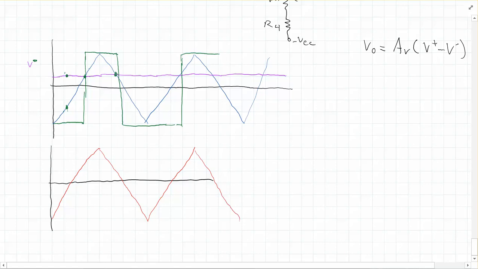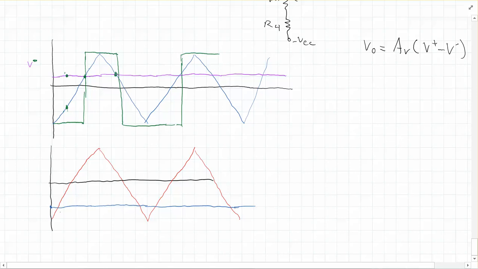Okay, now let's set this terminal voltage down here instead. So the pot is set so that the voltage on that negative terminal is down here. Now remember, you're using this blue line as a level. As soon as the red curve is above the blue line, we're going to saturate to the high.